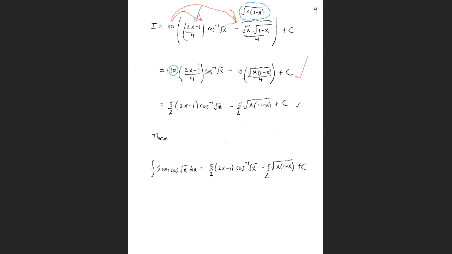But the 10/4 reduces to 5/2, right? And so this answer here is about the best you're going to do. But definitely much easier to type in that answer than the previous answer. So now we have our answer.